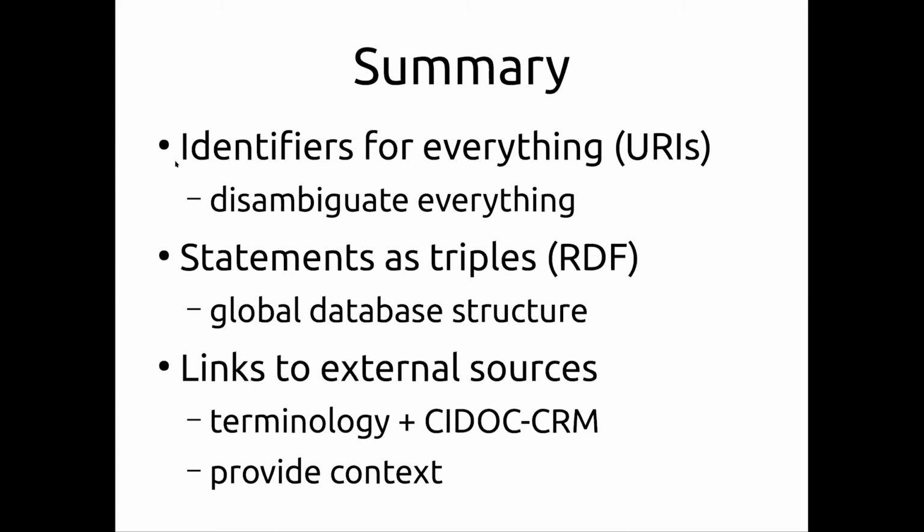And finally, we need to establish the links to resources like thesauri, like the CIDOC-CRM, so that we describe our records, we provide the context, we explain what language we use, what kind of structure we use. So I hope this has been a short but useful introduction to linked data. I'm going to pass on the screen sharing, the microphone to Steve now.